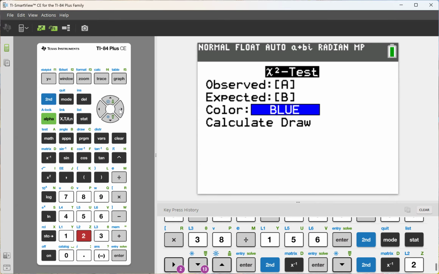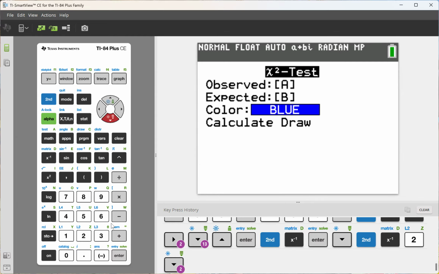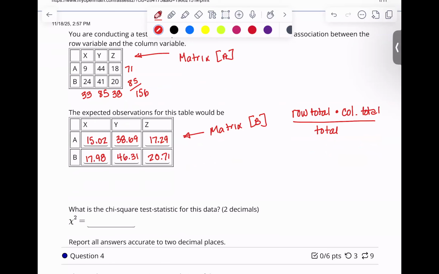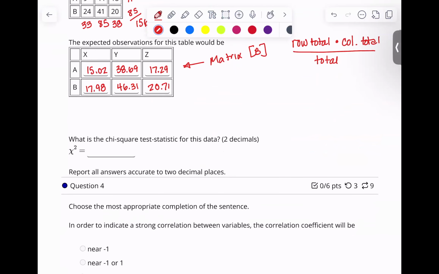All right, and then I calculate. And it will calculate the chi-squared statistic for me. So the chi-squared statistic is that top number, 5.82. And then in another problem, we'll talk about the p-value. It doesn't require that you put the p-value in this problem, just the chi-squared statistic.